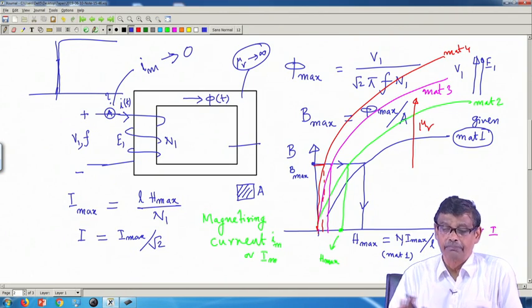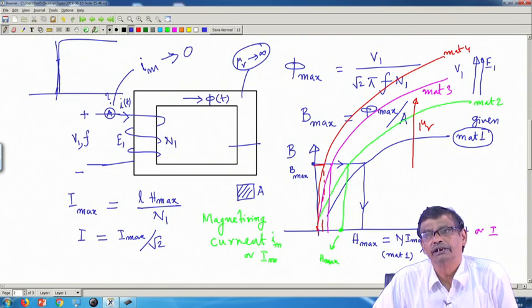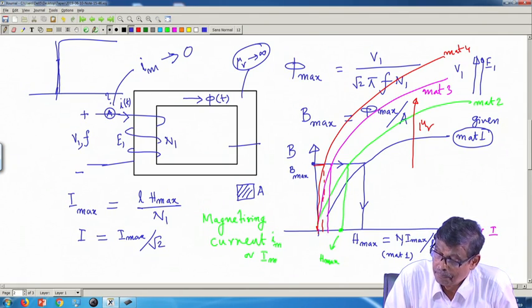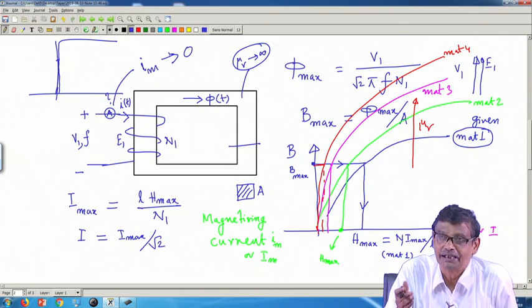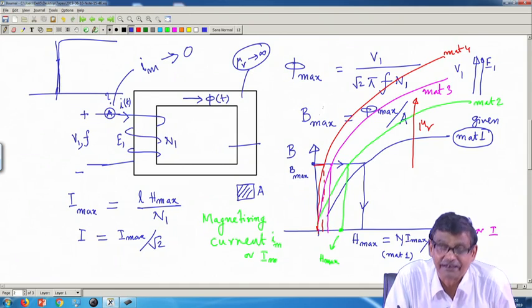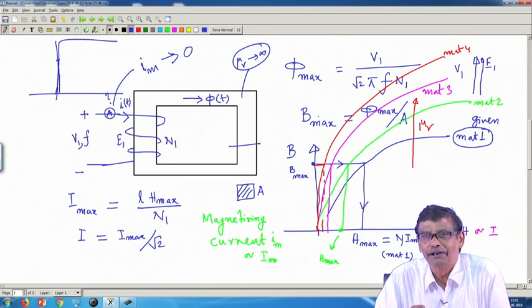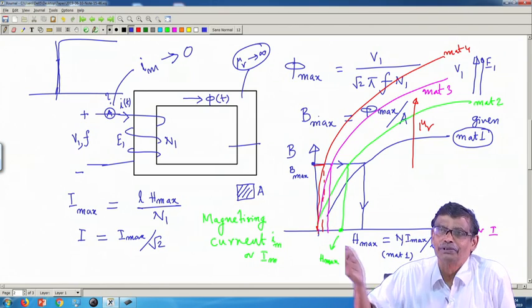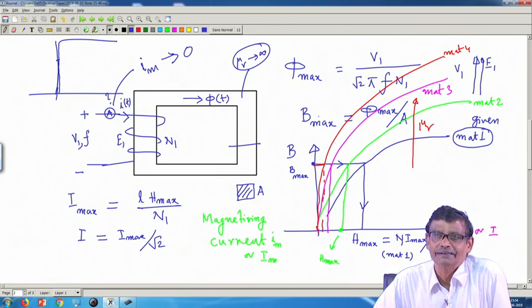That is all, it only means that. No point in telling why 0 current, how it can create flux. Okay, no matter how good your magnetic material is, it will definitely take a current, but that current is very small, and we will see that it will be very small compared to the rated current of a transformer.